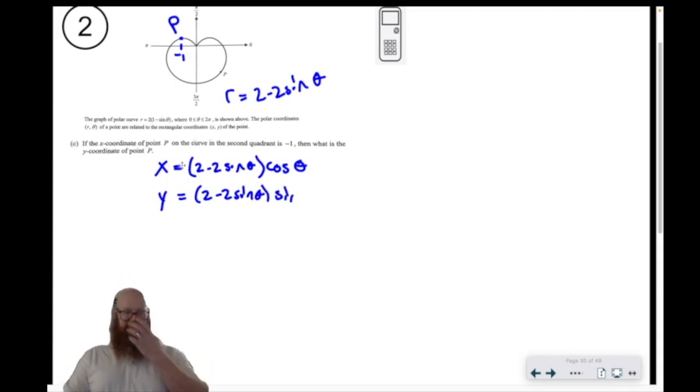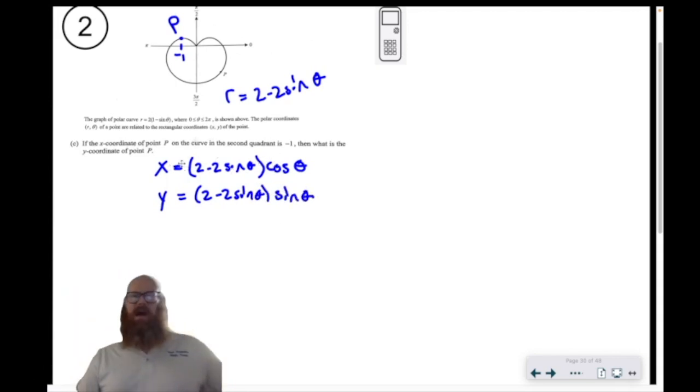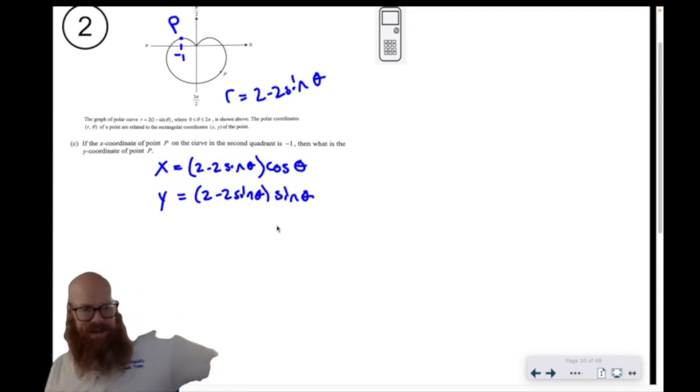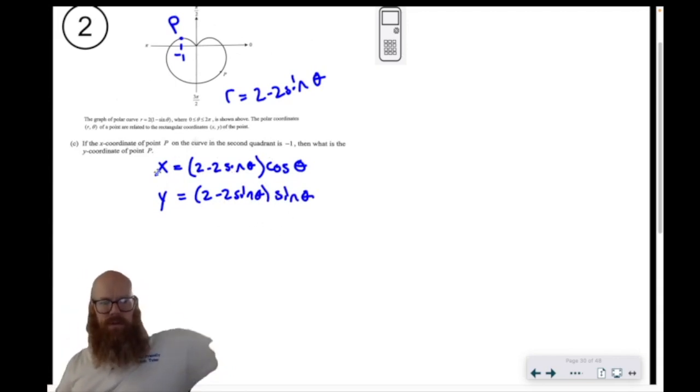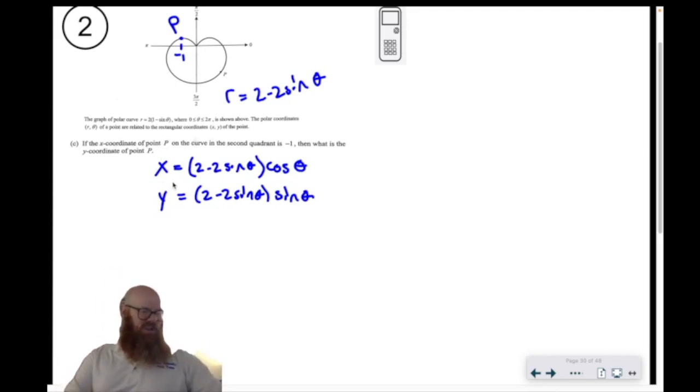So all that is x equals r cosine theta and y equals r sine theta. So if we know that the x-coordinate is -1, I can just solve for that in the calculator.